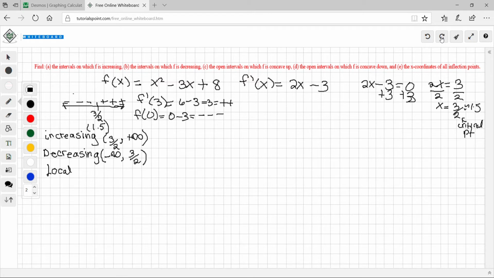And we have a local min. Whenever you want to find a local min, you just look at this chart. When we have a negative and then a positive, that means it's a local min. If you had a positive and then a negative, then you'd have a local max.